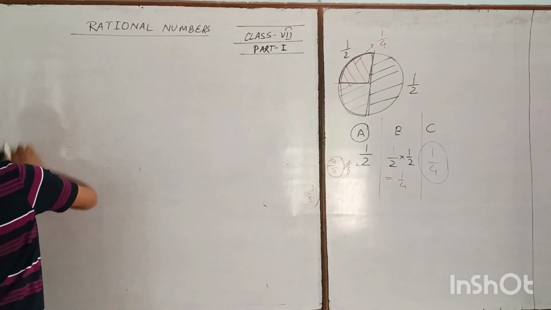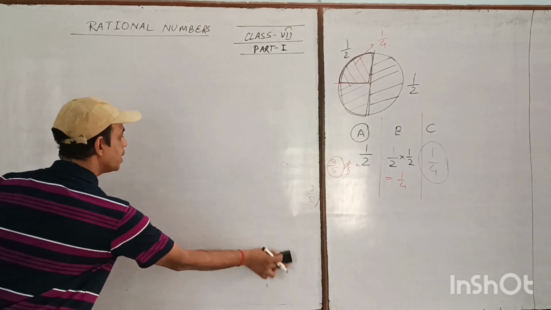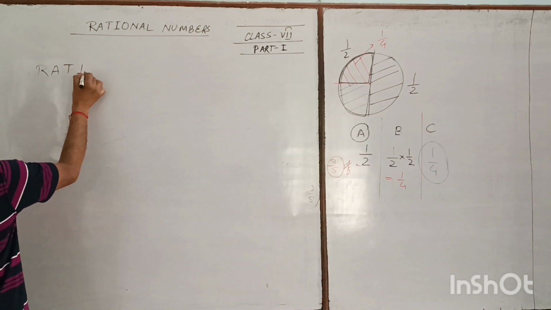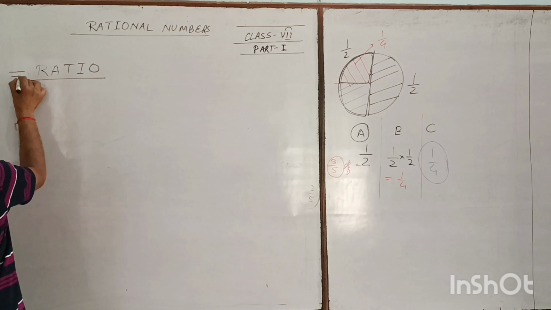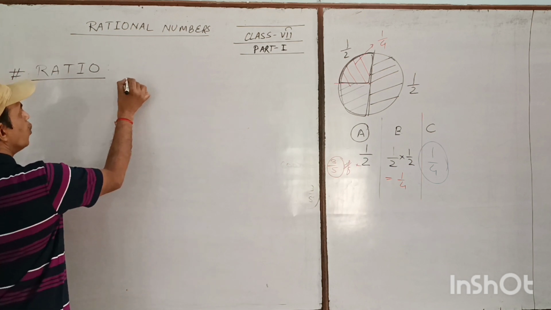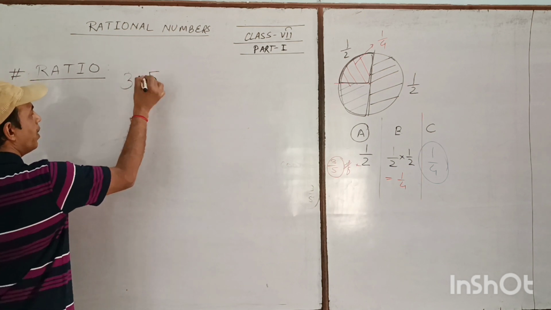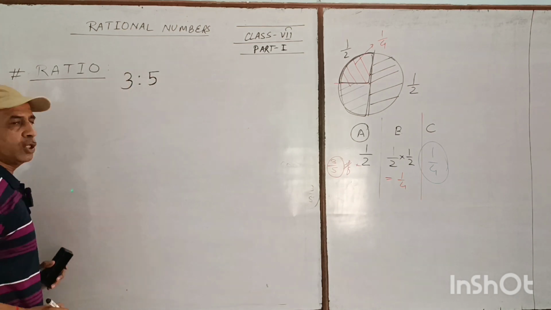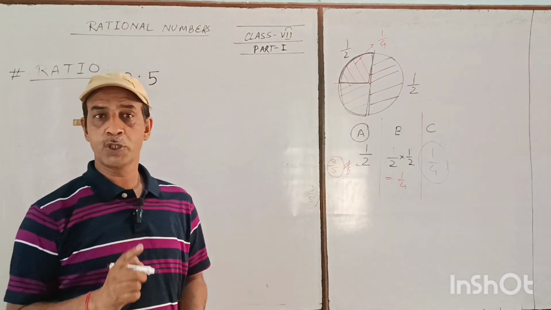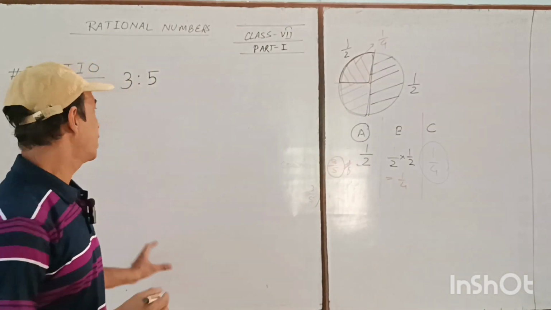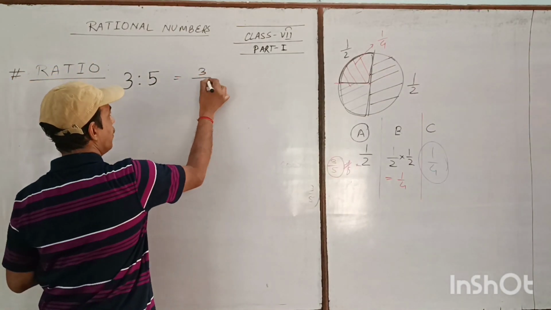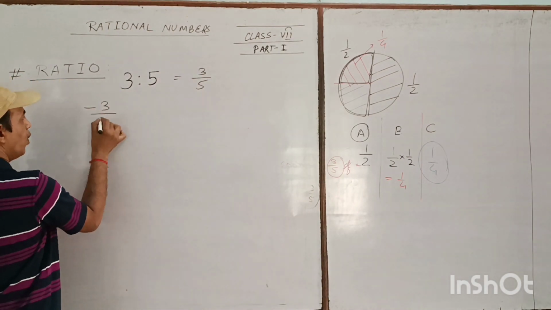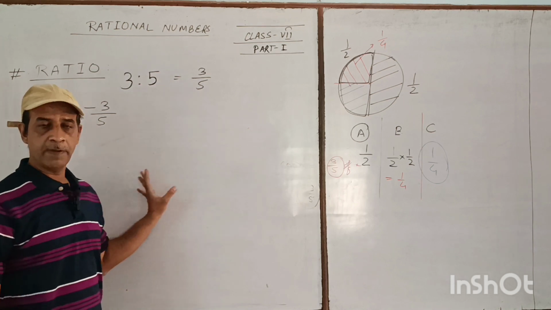Now, if you are saying the word ratio, in the case of ratio, we have always seen its numerator and denominator are always positive, isn't it? If you take the ratio 3:5, it is always positive. Its numerator and denominator, say it is 3/5, isn't it? But what can you say if you have minus 3/5?